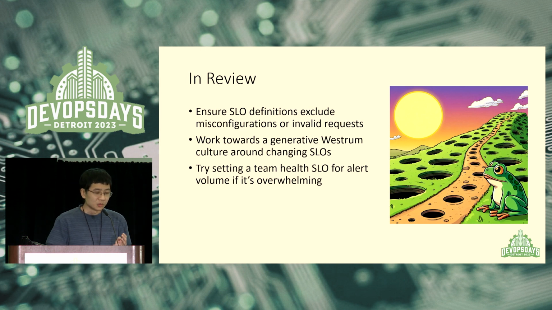And so I would say that the 3 main pitfalls we learned from, and I hope that you all could learn from as well, are these. First, if you set SLOs, don't alert on them until you're confident you can exclude invalid requests, just requests that you don't care about if they fail, for lack of a better term. Second, work towards a generative Westrum culture. There's a lot that goes into that, so I'd really refer you to the paper.